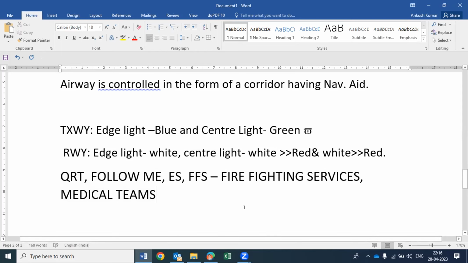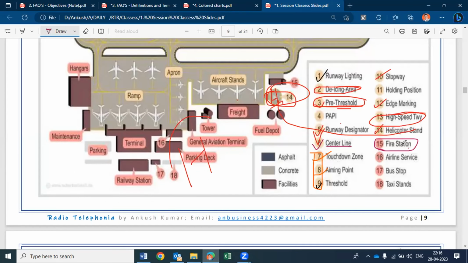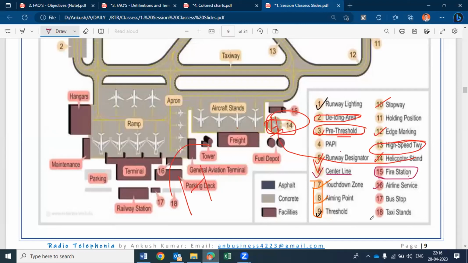Am I right, Abhishek? Yes, sir. Have you checked that HAL Airport till now? No, sir, not yet. Okay. Then bus stop, taxi stand, these are the additional things that can be available on the airport, but this is not a part of an aerodrome.